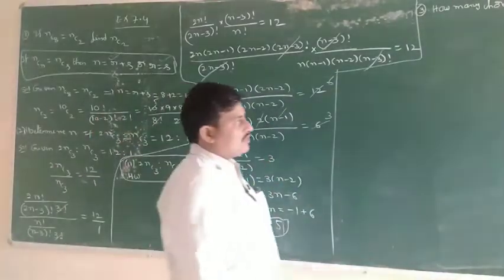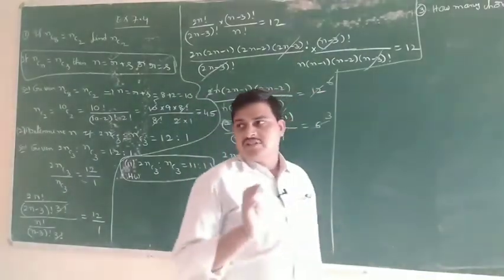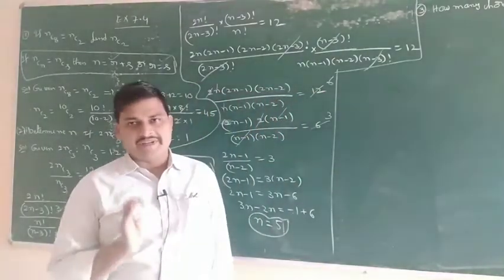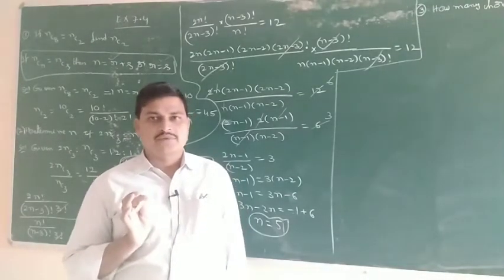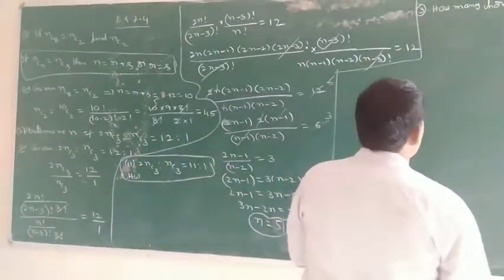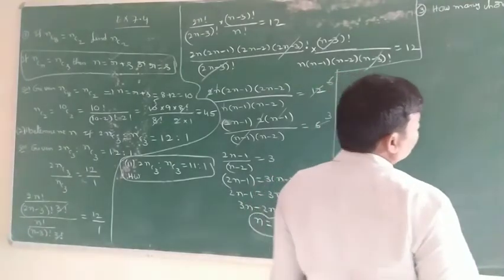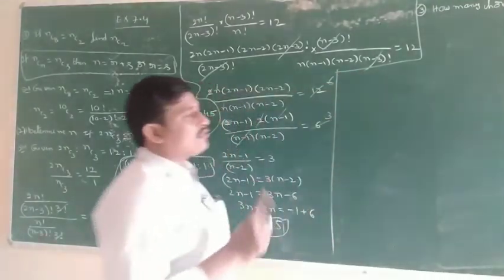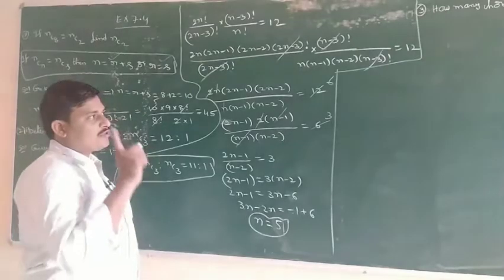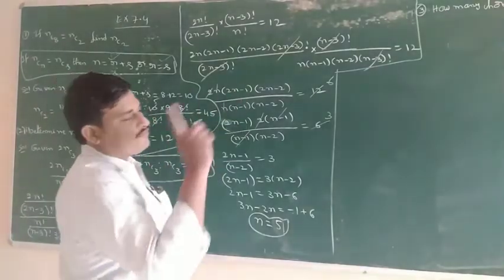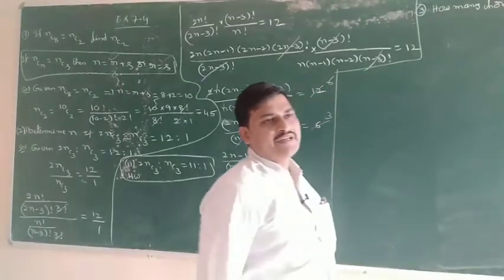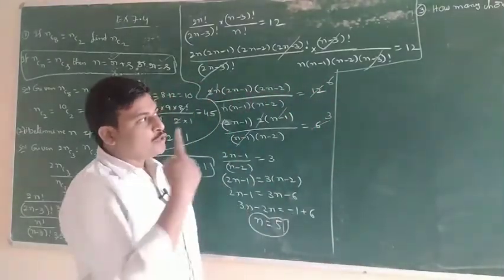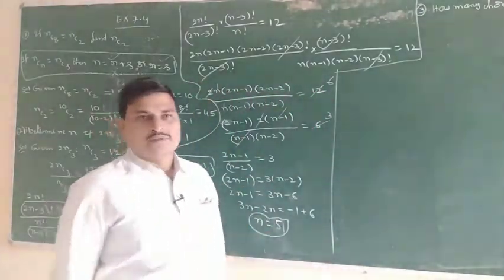Main point is each chord has 2 points. So one chord is equal to how many points? 2 points. So first of all select 2 points from 21 points.